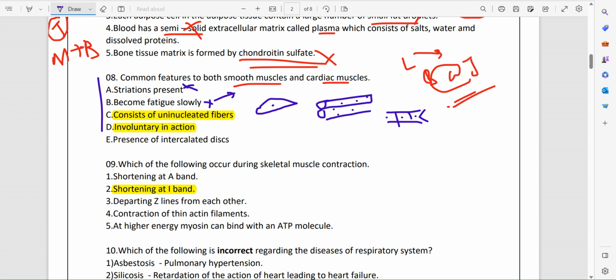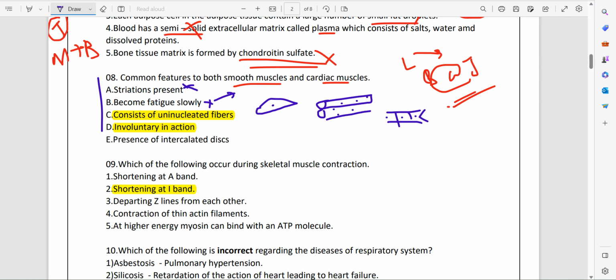Yes, both smooth muscles and cardiac muscles work involuntarily. There's a special type of signaling present in cardiac muscles which is known as myogenic, which means that they have the capability of generating their own impulses. And skeletal muscles are voluntary. They are under the control of the somatic nervous system, which means that we have to think and do something when we use the skeletal muscles.